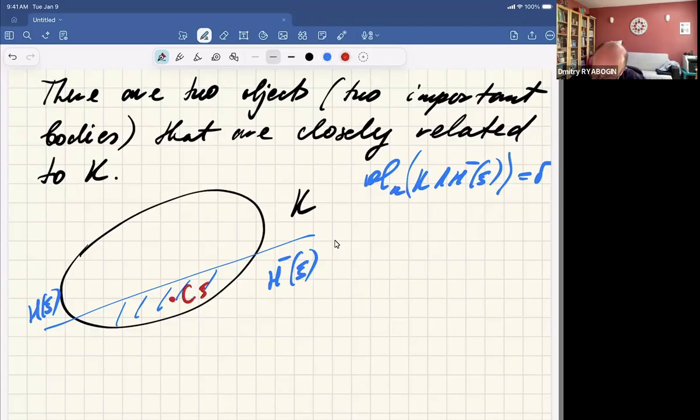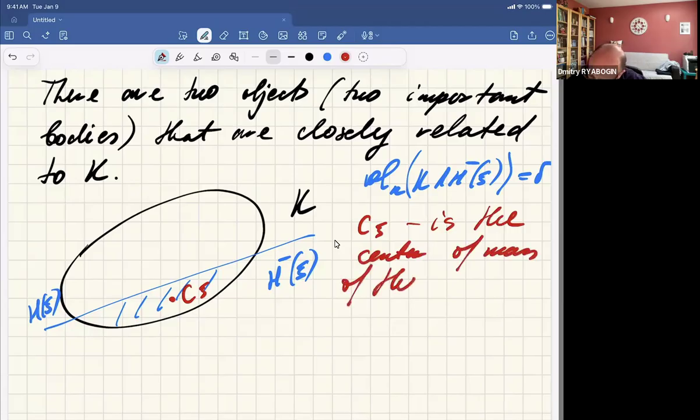Let me call it sigma psi. So sigma psi is the center of mass of the underwater part, let me write it, of K intersection H minus of psi.